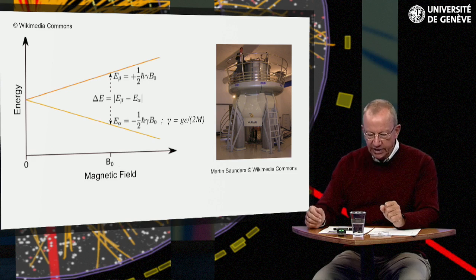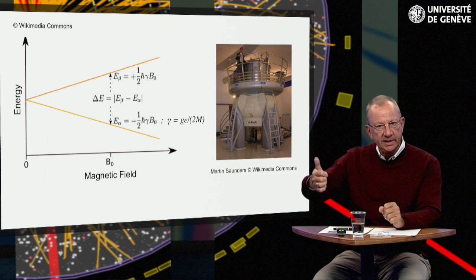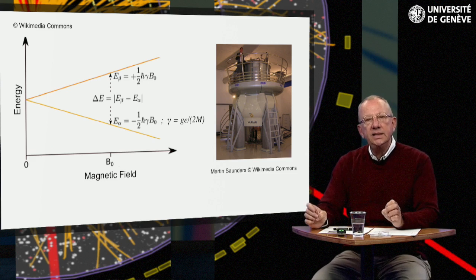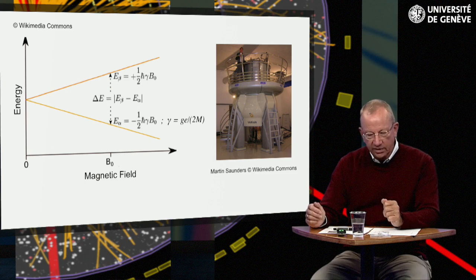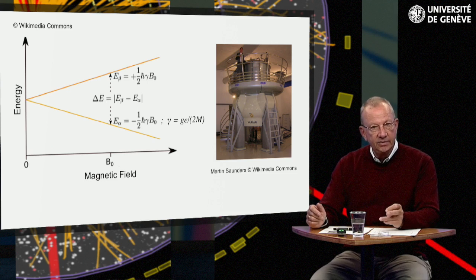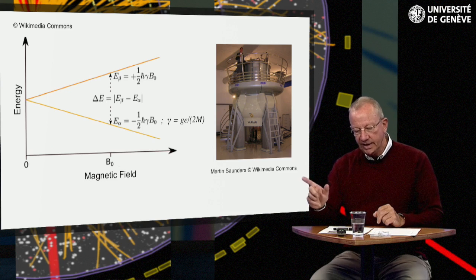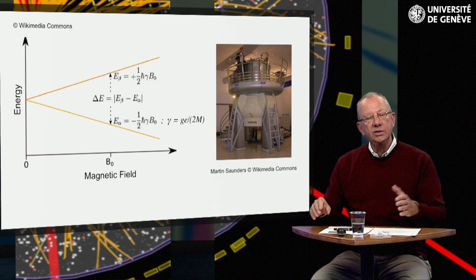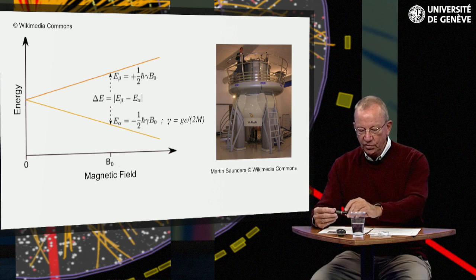The transition energy between the two orientations of the spin, parallel and antiparallel to the magnetic axis, is delta E equal to h bar gamma B0, where the proportionality factor gamma is equal to the gyromagnetic constant times e divided by 2m. The spin vector rotates around the magnetic axis with a Larmor frequency, nu0, which is equal to gamma B0 divided by 2 pi.